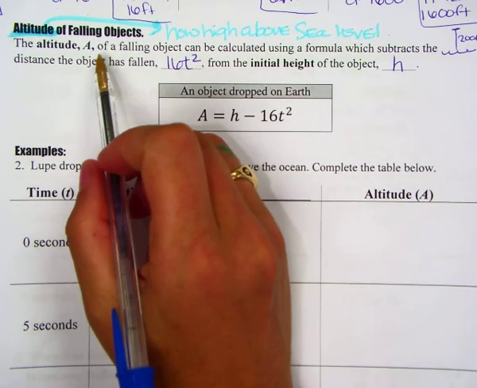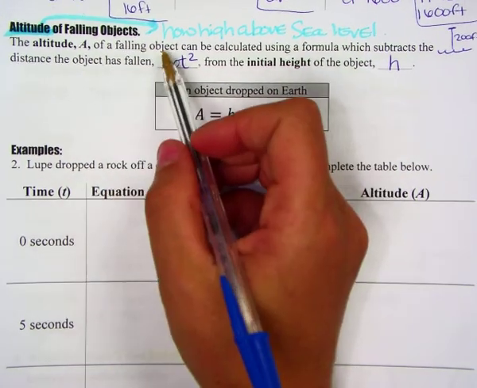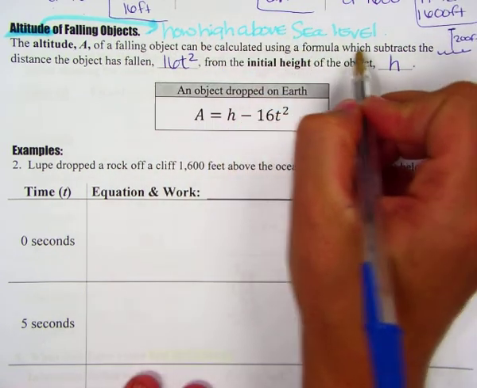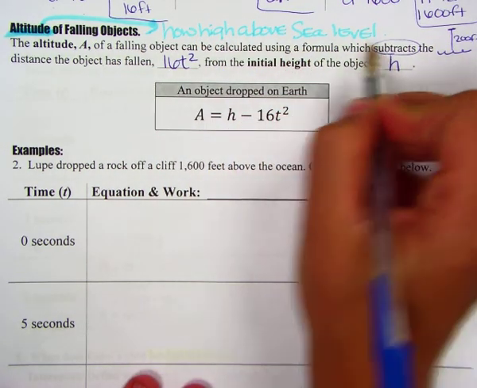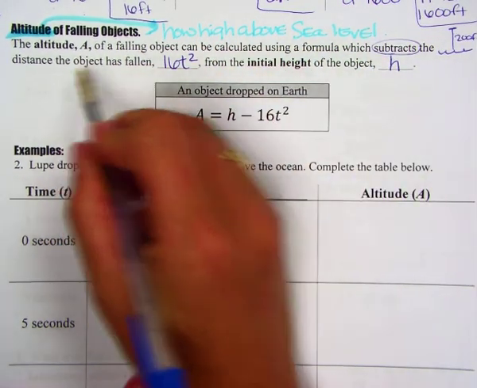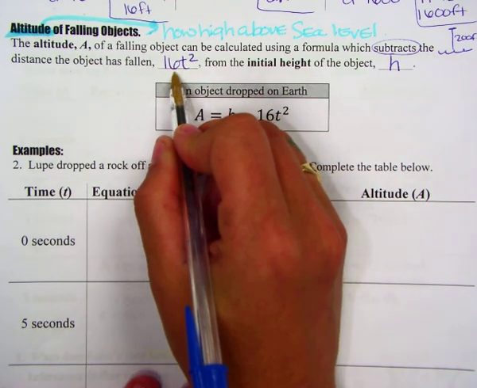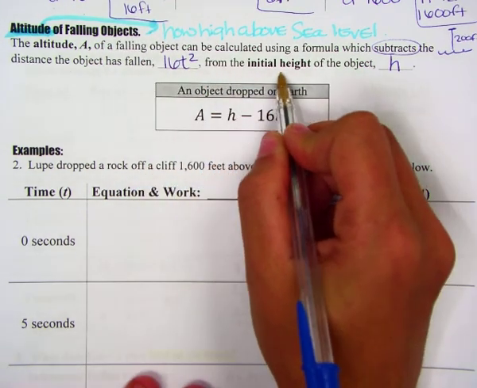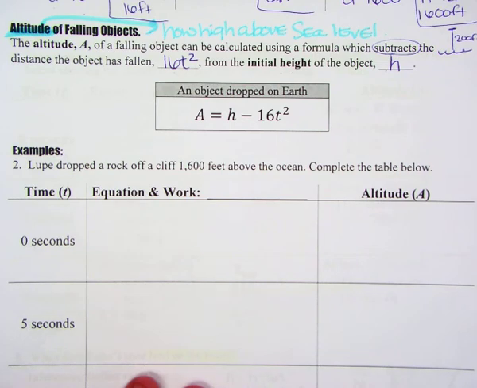The altitude of a falling object can be calculated using a formula which subtracts the distance an object has fallen, which we just found as 16t squared, from the initial height of the object, which is h.